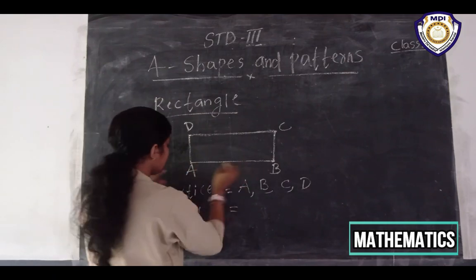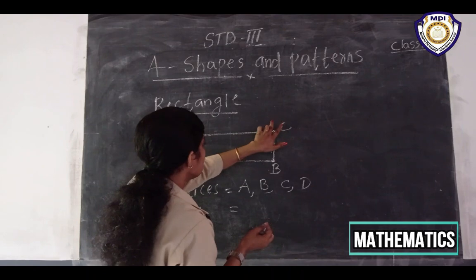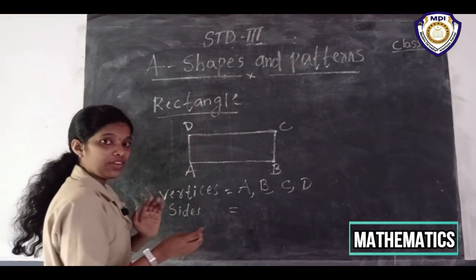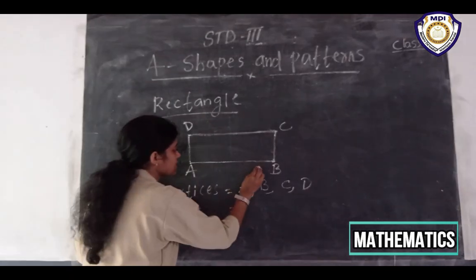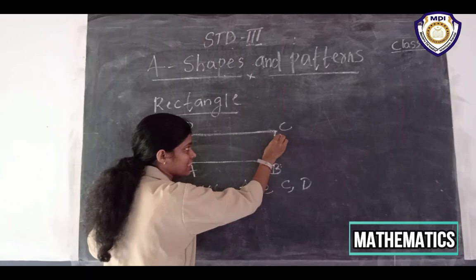AB. This is one side. The others are BC, CD and DA. All of you listen here. AB is one side. Another side is BC.